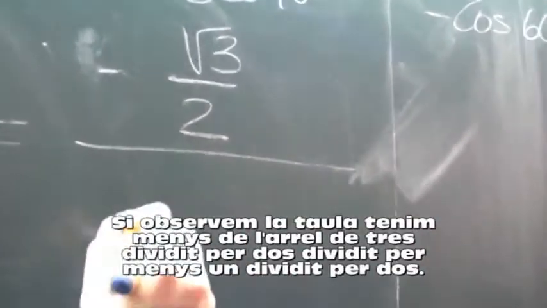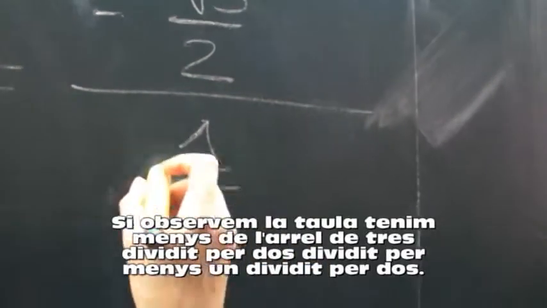From the table, we have minus root of 3 divided by 2 divided by minus 1 divided by 2.